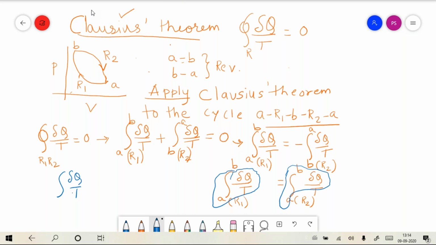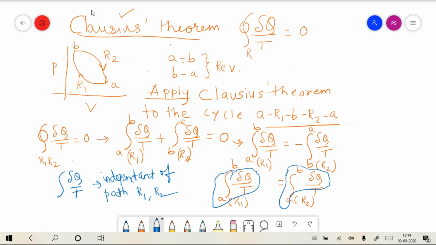Whether you are moving by reversible path R1 or R2 or whatever, as long as the initial and final states are the same, this term is not going to change.